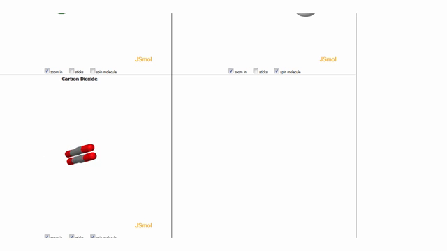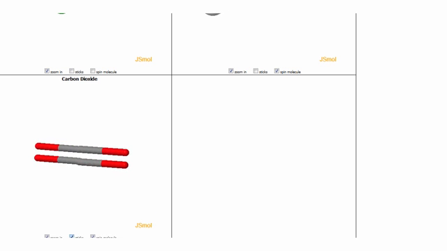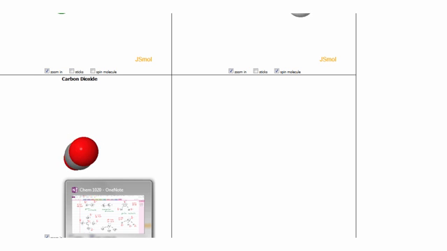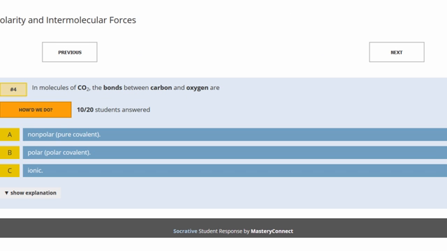We can see it's still linear no matter how we look at it. So carbon is in the center of this. First question: are the bonds polar or nonpolar?